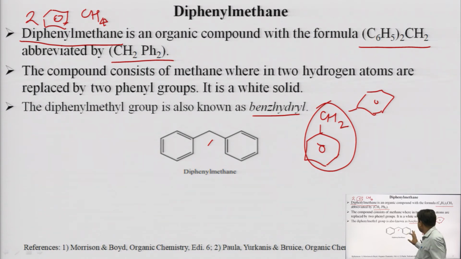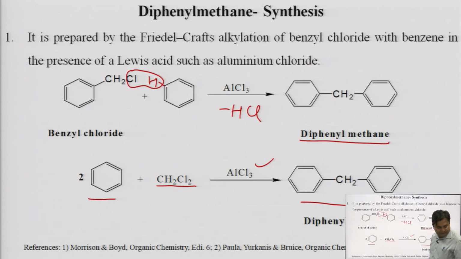It is also known as benzhydryl, because this benzyl moiety is joined with the benzene ring. Then when we are talking about the preparation, it is prepared by the Friedel-Crafts alkylation reaction. In the Friedel-Crafts alkylation reaction, we can use benzyl chloride as well as dichloromethane.